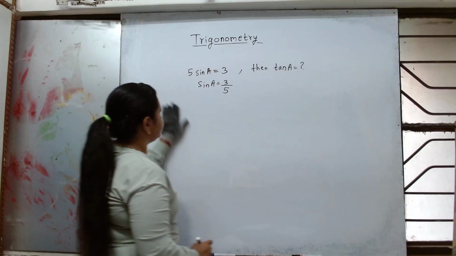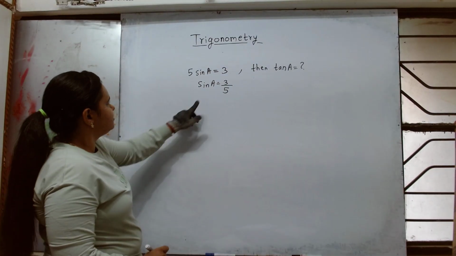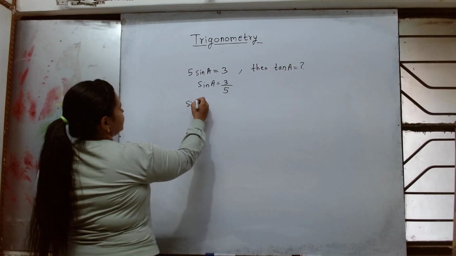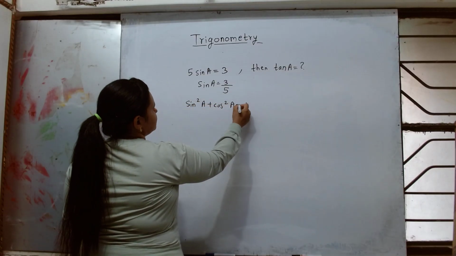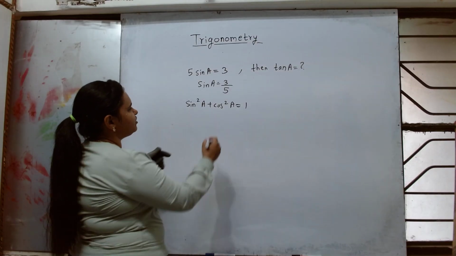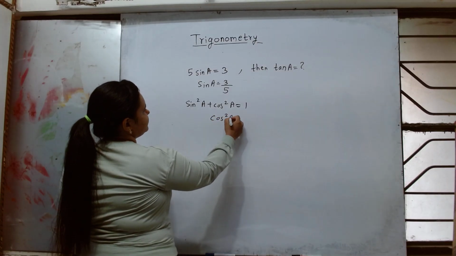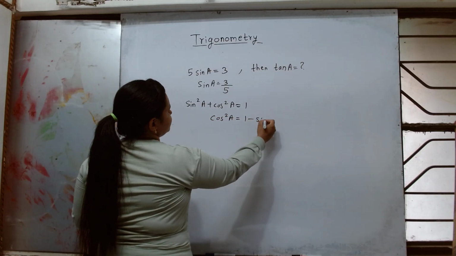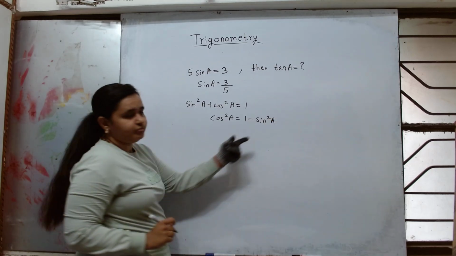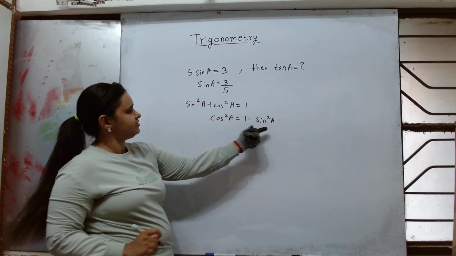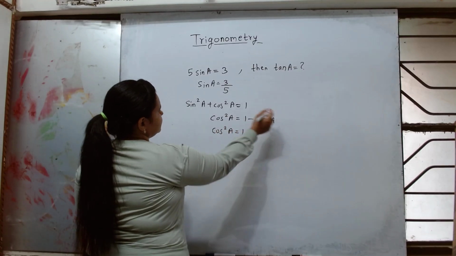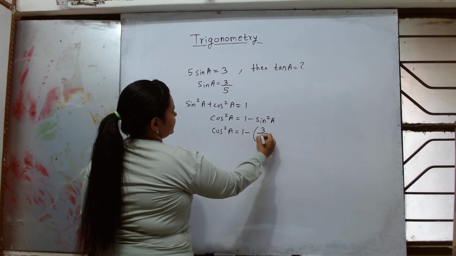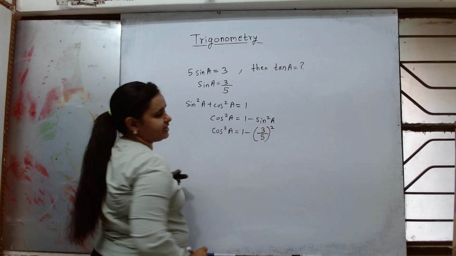There is also another method to solve this. Do you remember sin square A plus cos square A is equals to 1? Then we will find cos square A first. Cos square A will be 1 minus sin square A. Put down the value of sin A in this. Cos square A will be equals to 1 minus 3 by 5 whole square.